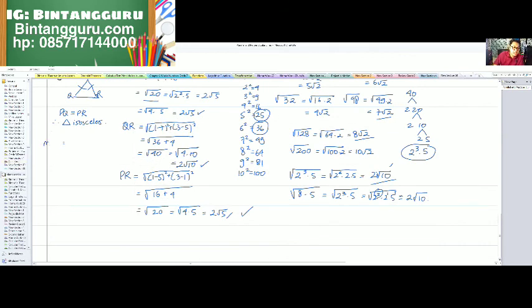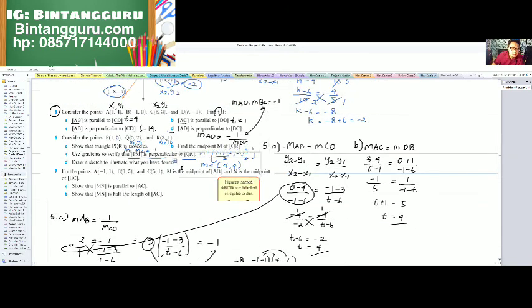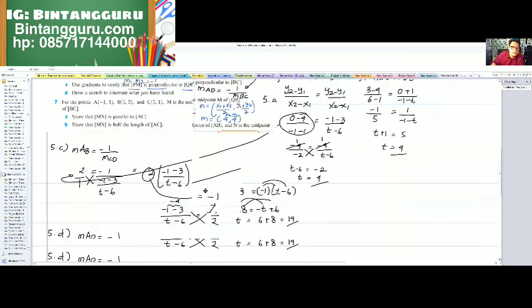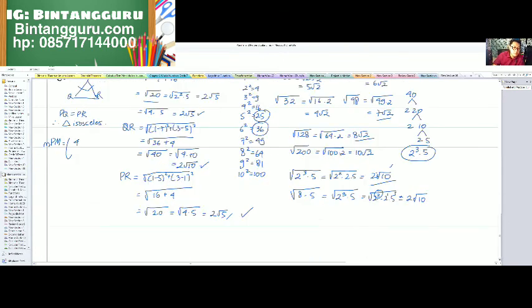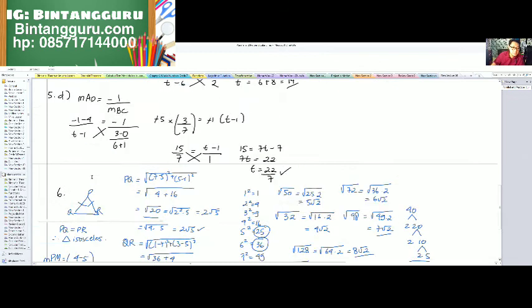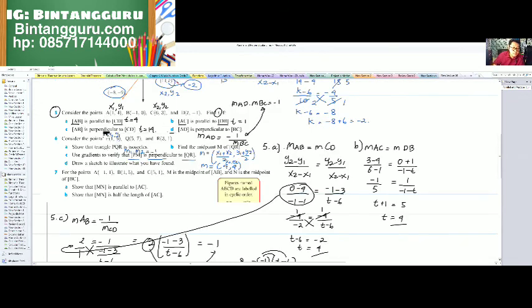So the gradient of PM is, P is x1, y1, and M is x2, y2, so 4 minus 5 over 4 minus 1. So the gradient of PM will be equal to minus 1 over 3. So the gradient of QR should be equal to 3. Is it correct or not? So QR, I will delete.